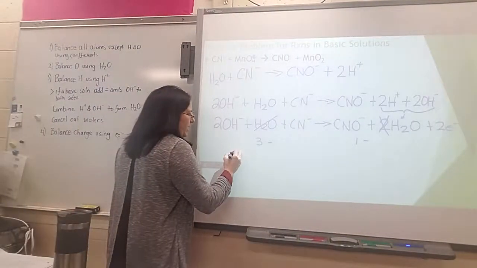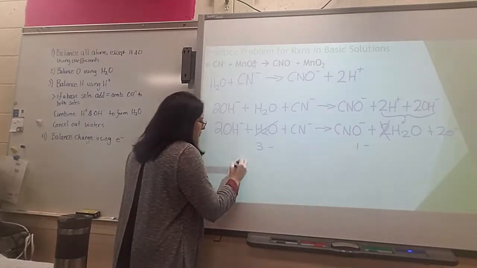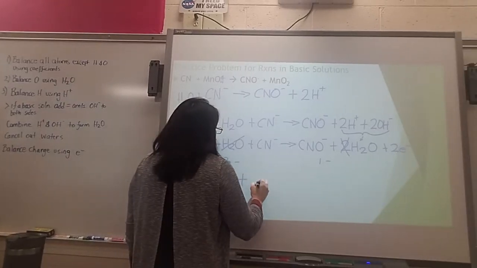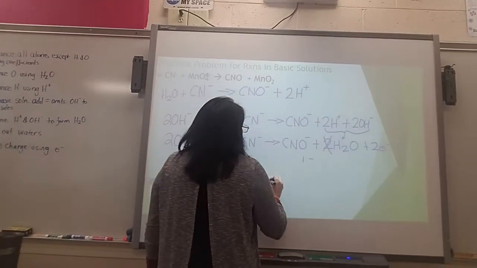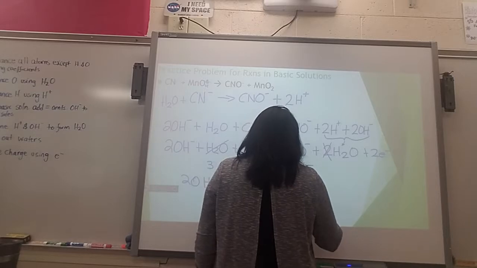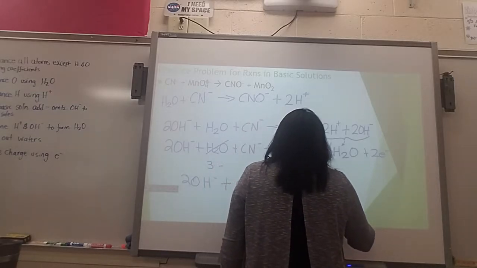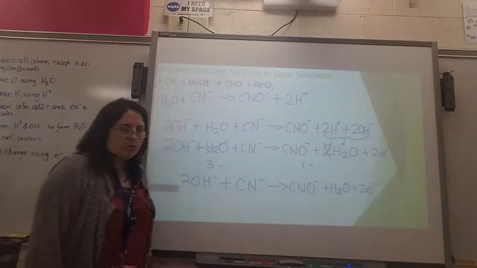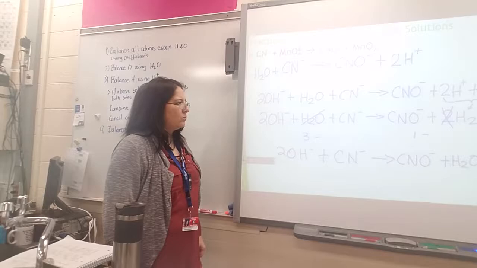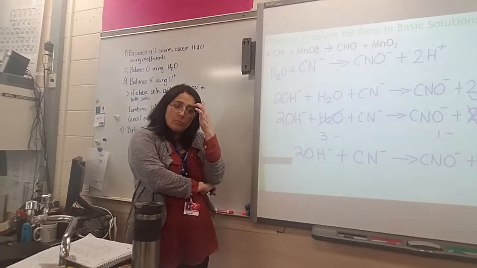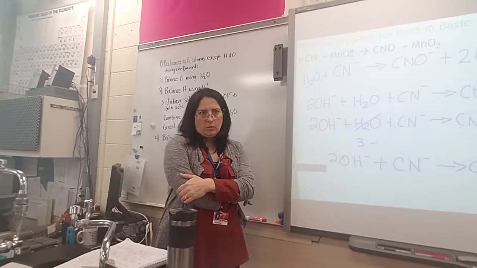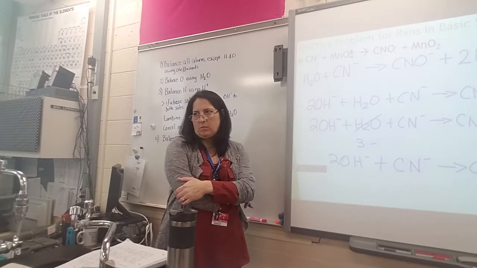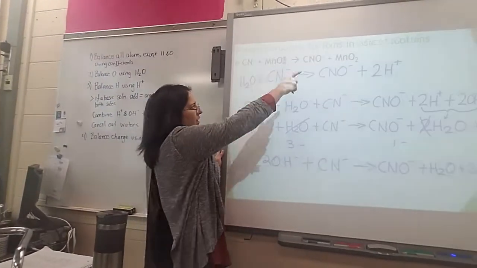So the overall half reaction, because we haven't brought these together yet with the previous one, that's what it looks like. Okay, that makes sense with the basic one. Do another one. Do the other half of the reaction here.